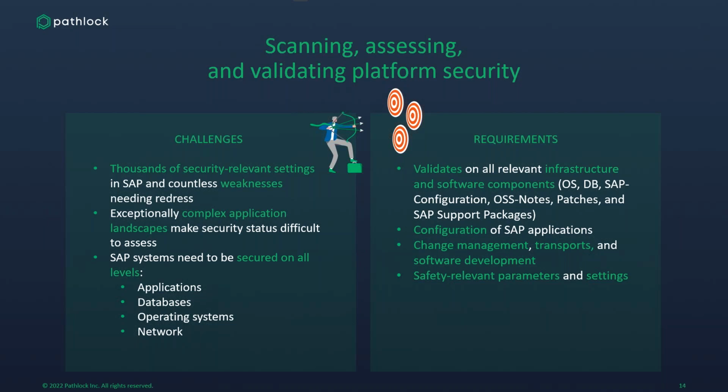These complex applications make it really difficult for most people to assess everything and to find out what the actual state of my system is, especially since one SAP system needs a secured state on all levels, including the application, the normal ABAP system for example, the databases, the OS, and also the network.